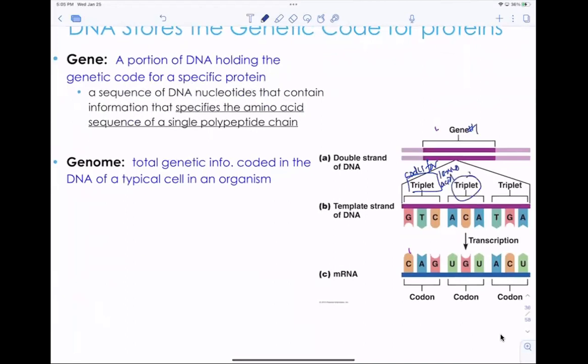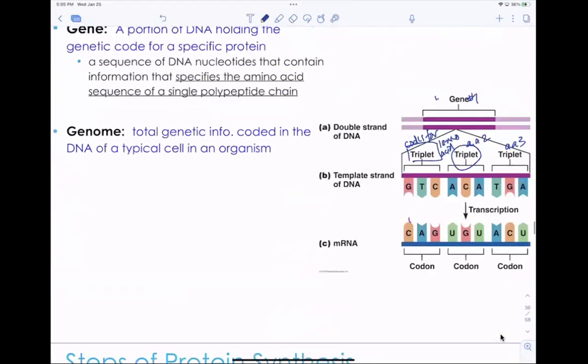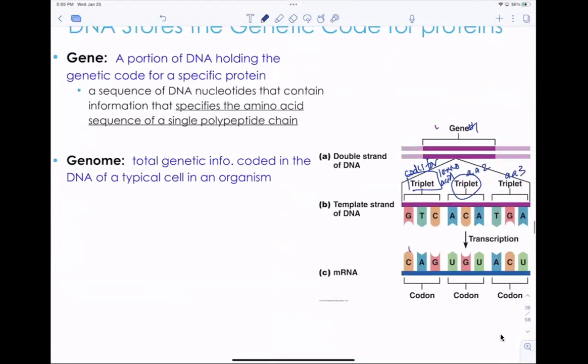And the next triplet will code for amino acid 2, and the next triplet will code for amino acid 3. And they're all different, and they're based in these nucleotides. You don't need to know GTCA for the triplet and CAGU for the codon. What you do need to understand is a triplet codes for one amino acid.